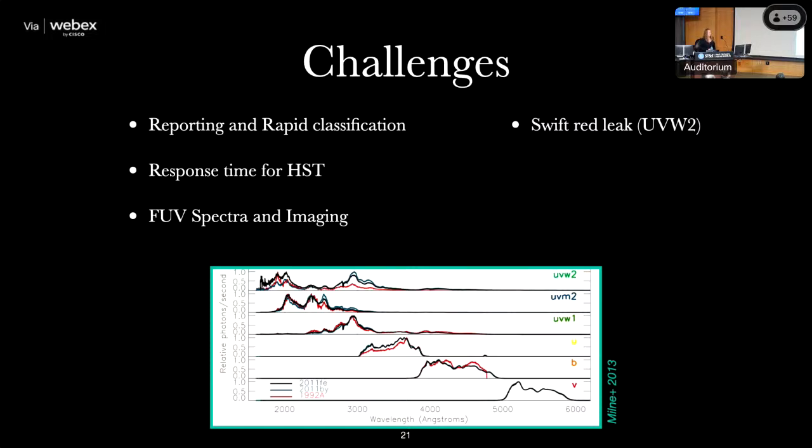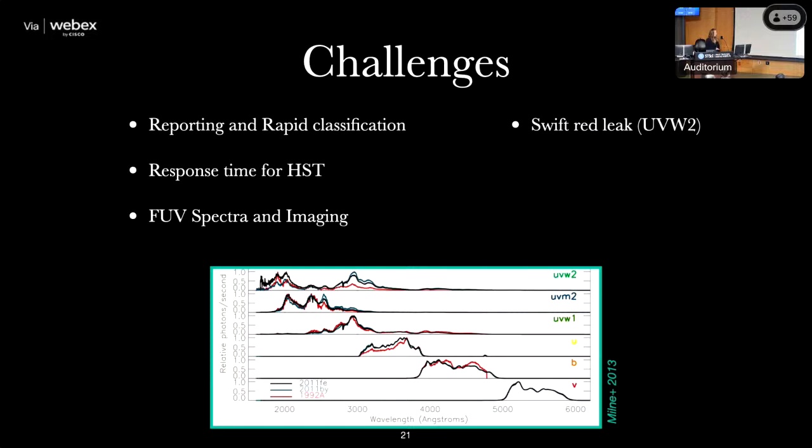The Swift red leak in the UV filter, I think, has just made it challenging to use this filter for UV observations. Here are type Ia supernova spectra convolved with the different filter transmission curves. This is the one I want you to look at up here, the UVW2, and you can see that there's this significant near UV contribution to what was intended to be a far UV filter.